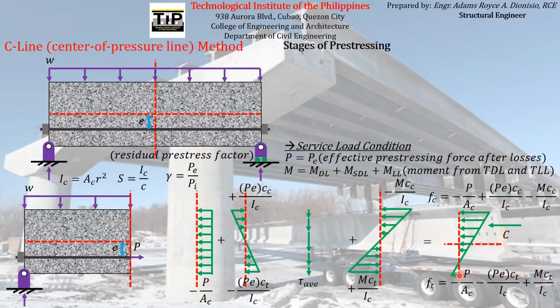Remember, according to our previous discussion for the basic concept method, if we try to get the resultant of this larger triangular diagram, we know for a fact that the resultant of these flexural stresses will point leftward, obviously. And for the smaller triangle here, the resultant of these flexural stresses will point rightward.